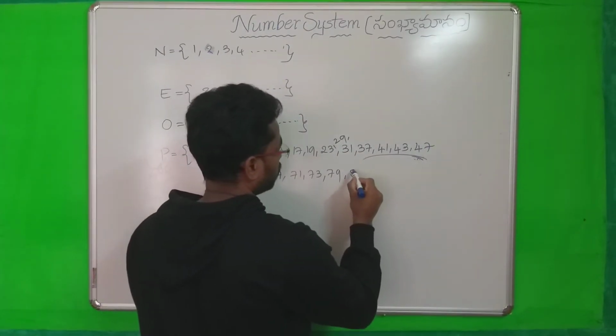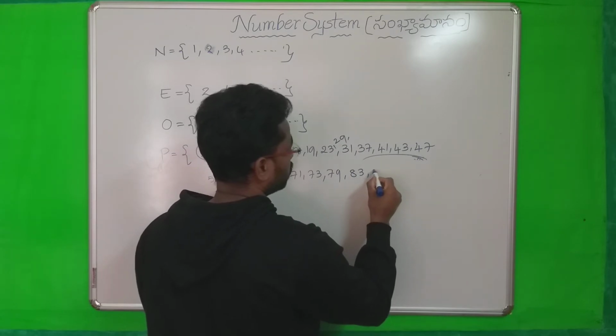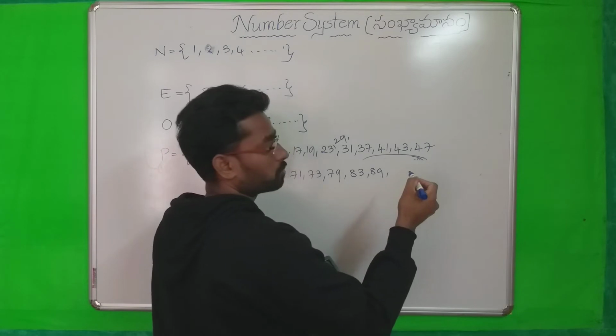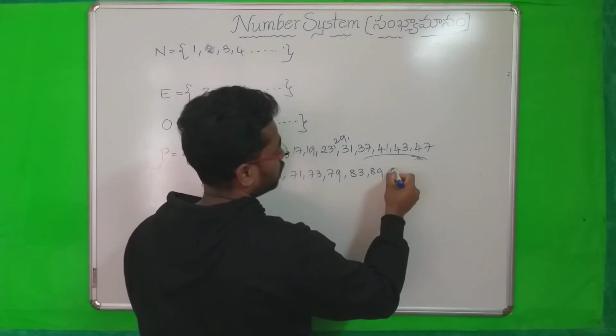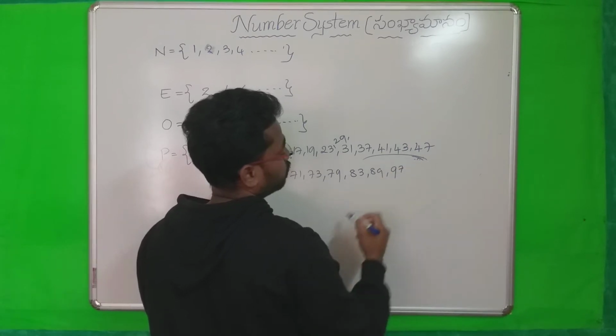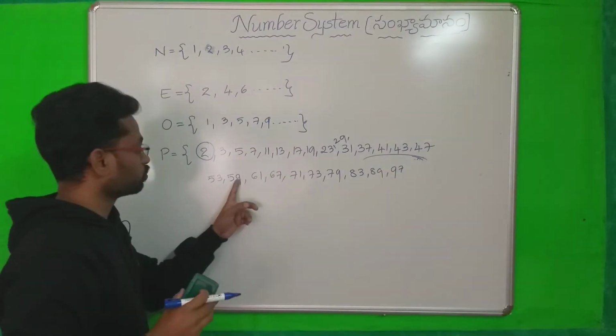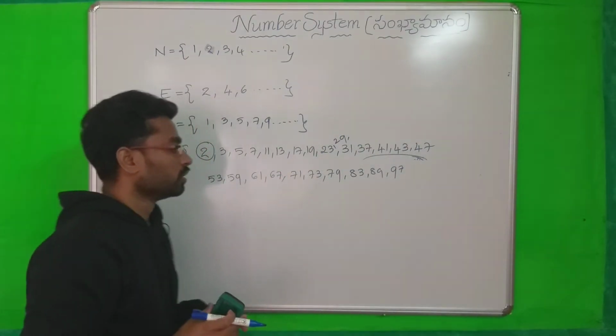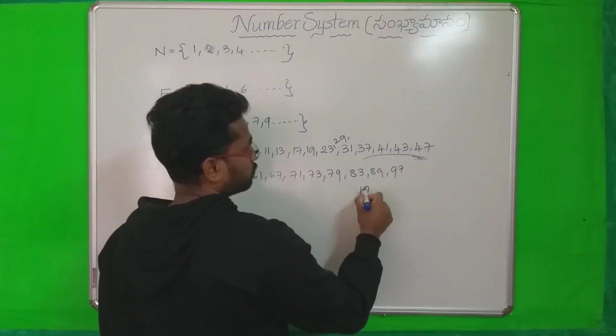Next 83, 89, 91 is not prime because it is divisible by 7, and 97. I'm checking: 1, 2, 3, 4, 5, 6, 7, 8, 9, 10. Very good. So here 10 primes.